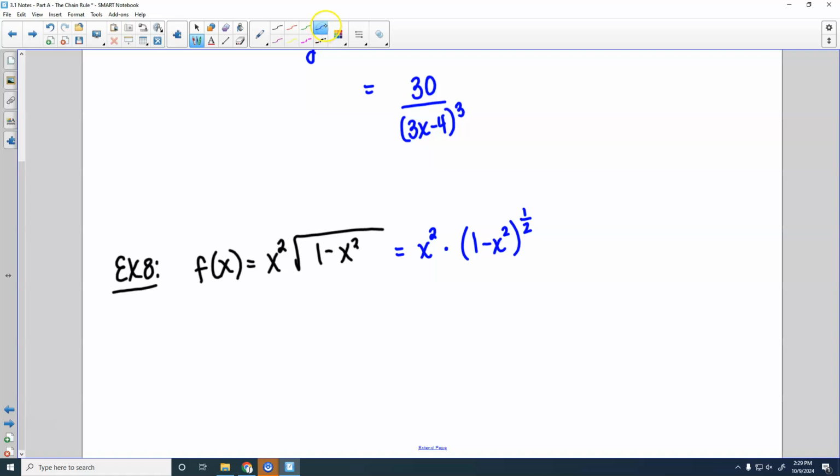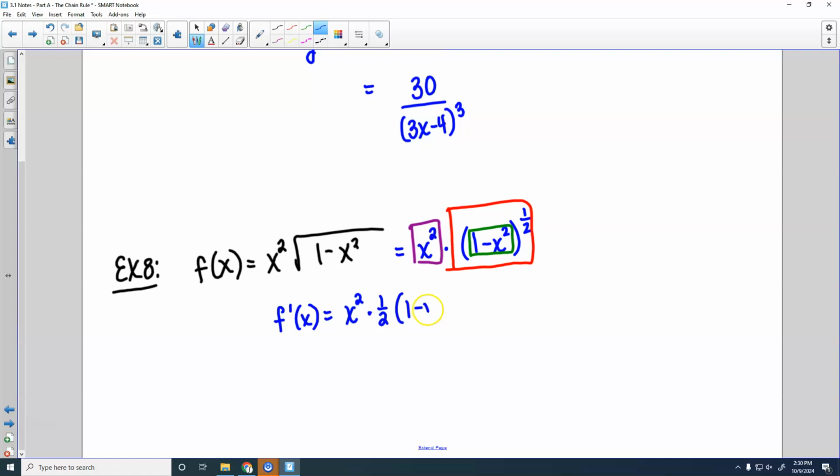So when you are taking your derivative, you will have your first piece, and that would be just our x squared. But you've got to multiply by the derivative of this stuff. But the derivative of this stuff requires a chain rule, right? So whenever you take the derivative of this stuff, you're going to have 1/2.